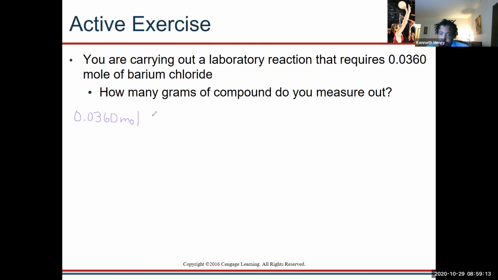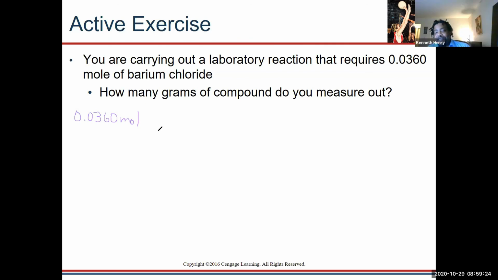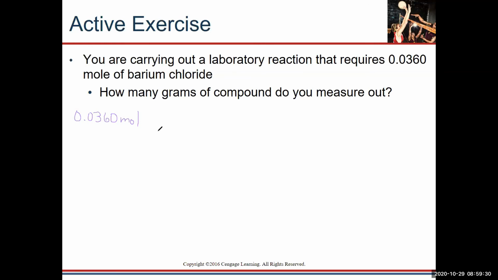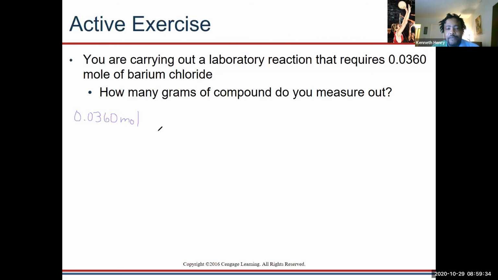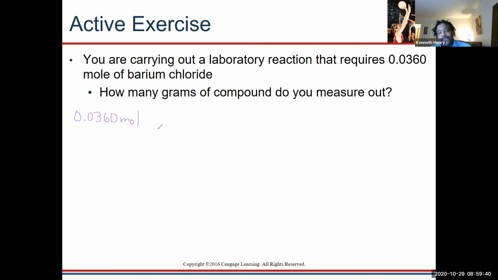I'm asking you, what is the chemical formula for barium chloride? Look it up.